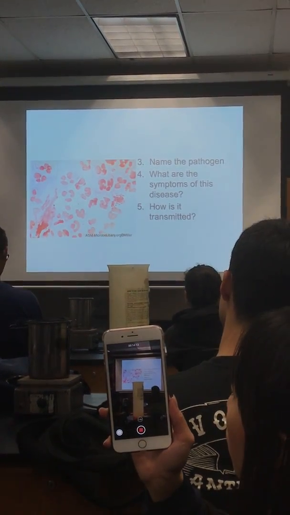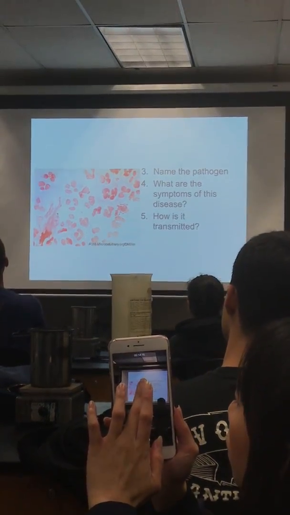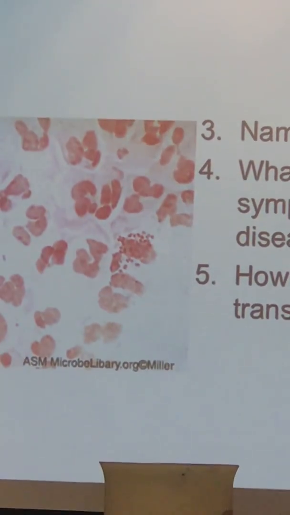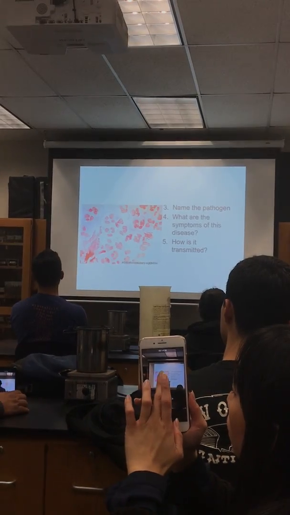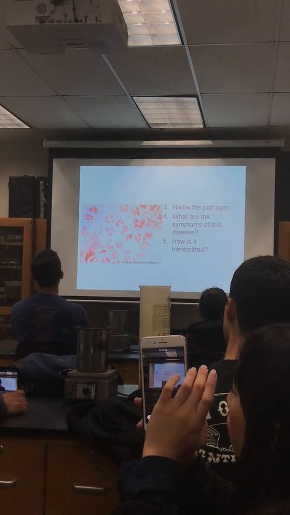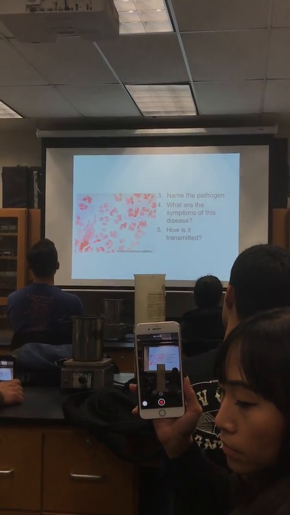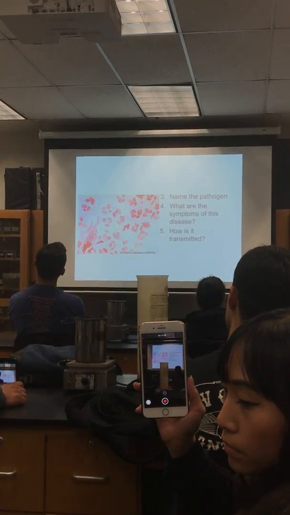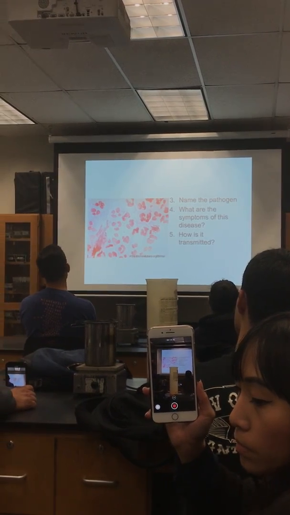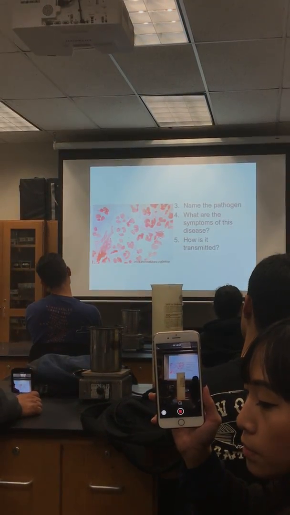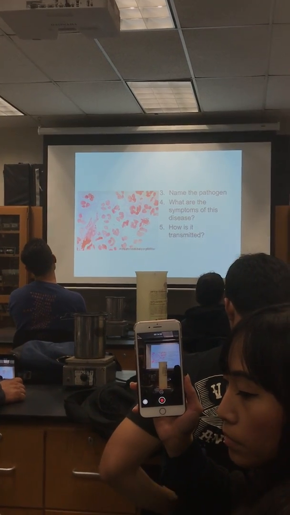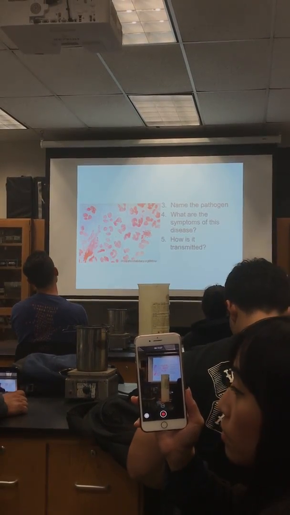It's in fact diagnostic. If you take a specimen and you look under the microscope, it may not be the only thing you have, but at least it's telling you that you have Neisseria gonorrhoeae. What are the symptoms of the disease? A discharge. And how is it transmitted? STD, sexually transmitted disease.